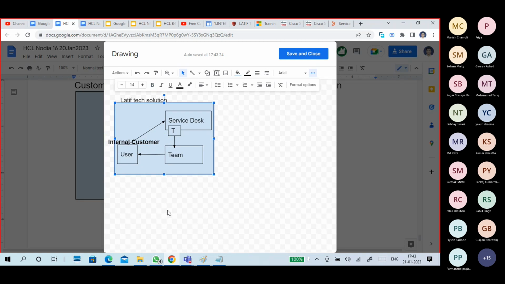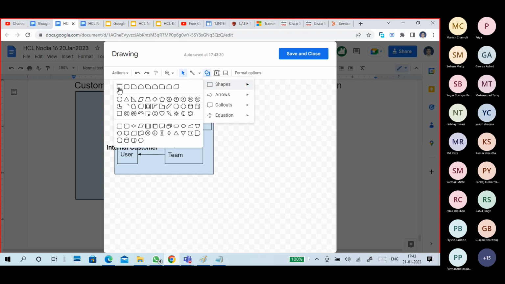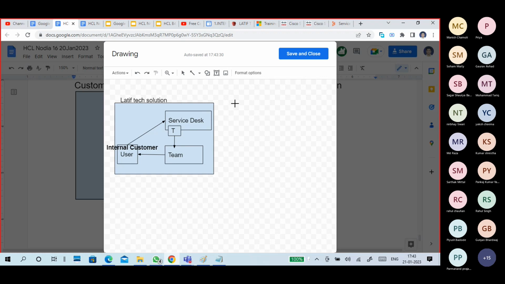Who is this? Internal customer means the user, the service desk and the supporting team, everybody working in the same organization. Same organization, so it's internal customers.